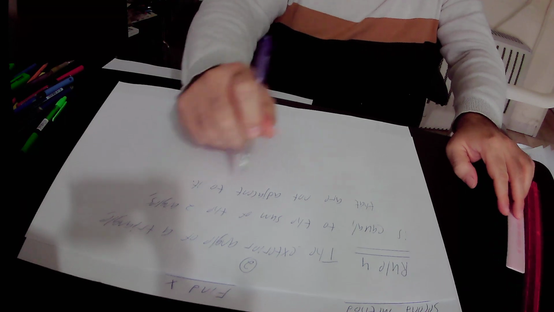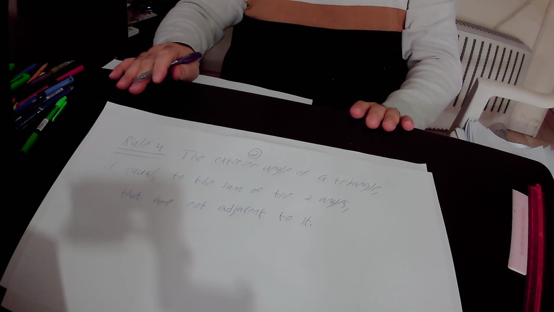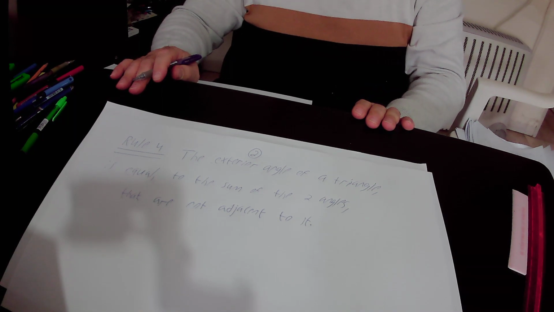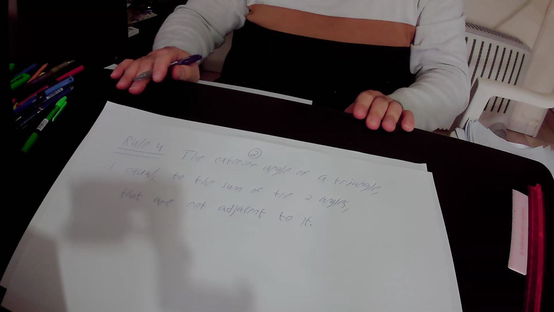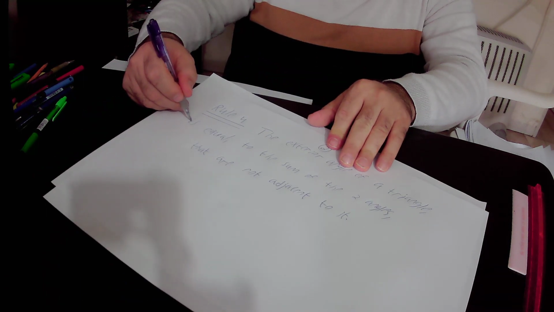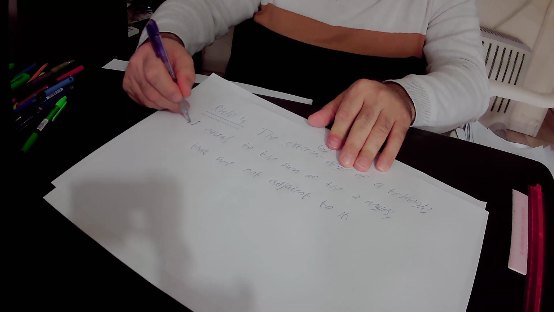So I will read rule number 4 again. According to rule number 4, the exterior angle of a triangle is equal to the sum of the angles that are not adjacent to it. Okay? So what is the meaning of rule number 4?